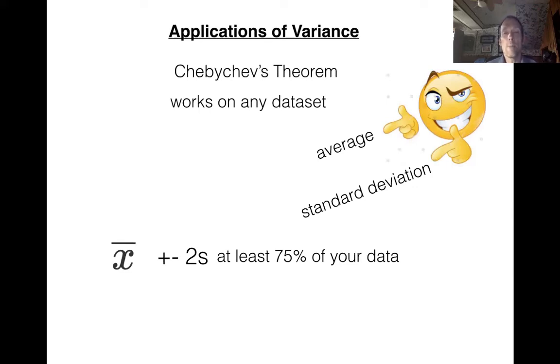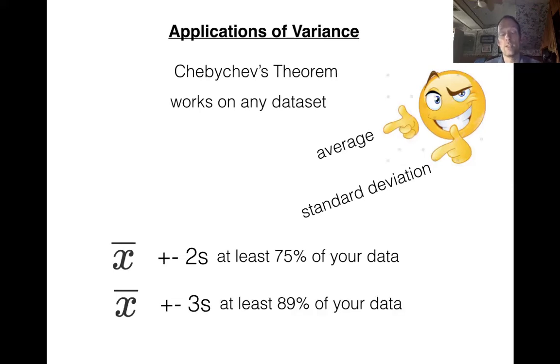So what would happen then if we went 3 standard deviations above and below? If we go 3 standard deviations above and below our data set, we would have a bigger range around the average this time, so we would expect that percentage to go up. And it does. We'd get at least 89% of the data in the data set.